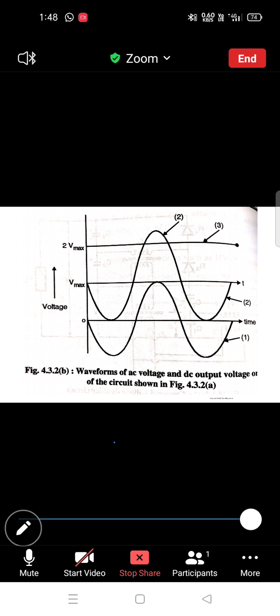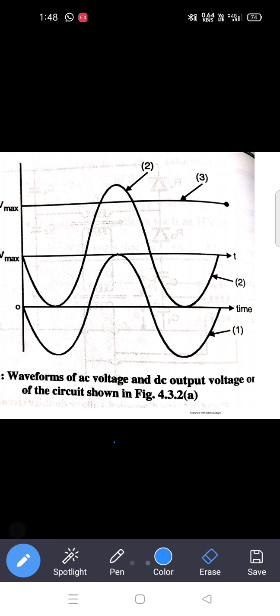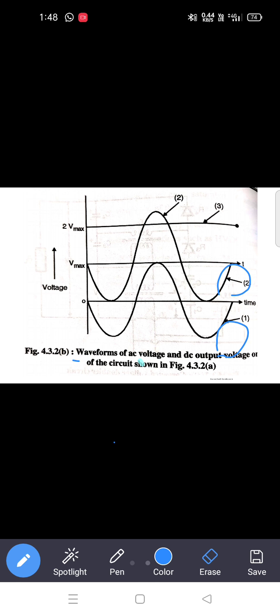So this is the main waveform of this voltage doubler circuit. The first waveform is the main input voltage waveform. Then the second one is the output voltage waveform. You can also see here that the output voltage waveform is twice the input voltage.